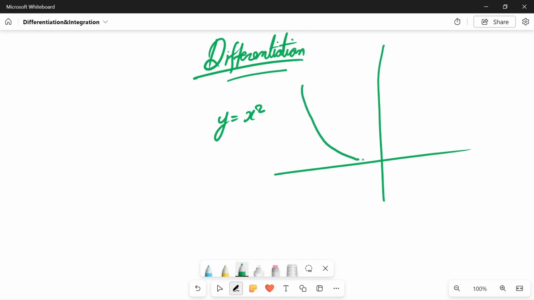It'll be an upward opening parabola with its vertex at the origin, and it is upward opening because the coefficient of x squared is 1. Now if you differentiate this function, dy by dx with respect to x, then you'll get 2x by simply applying the power rule.